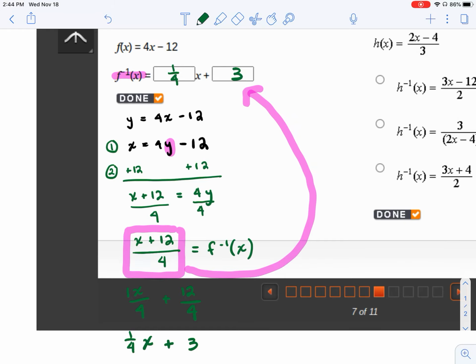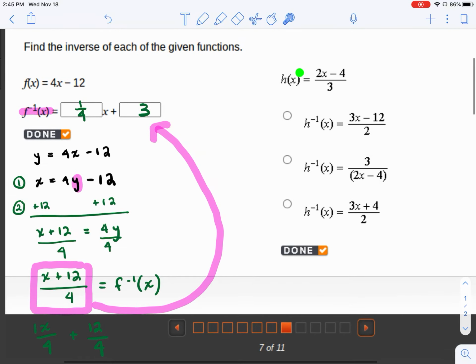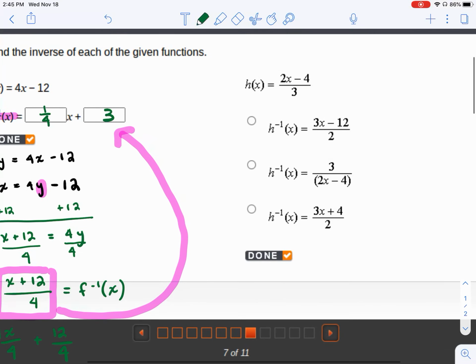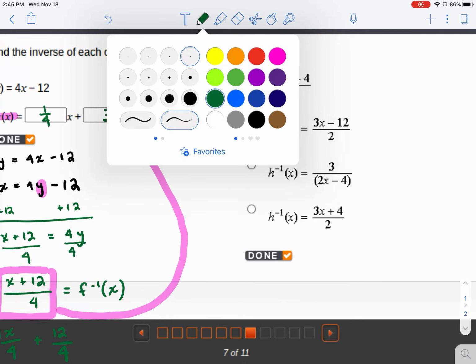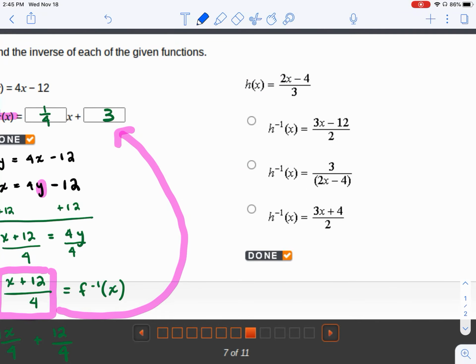This idea that the first step is to interchange x and y is the critical step to find the inverse of the function. When you look at the right side for h of x, the steps are the same. I am going to go a little bit faster here, but you can always reference the first example if you want to see why I do certain steps.